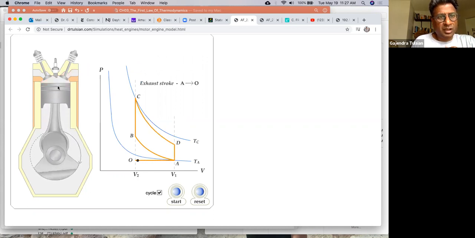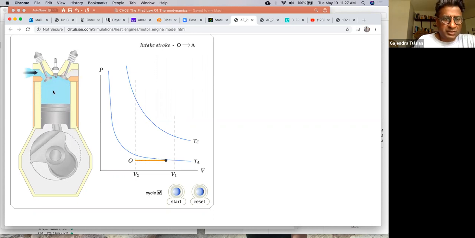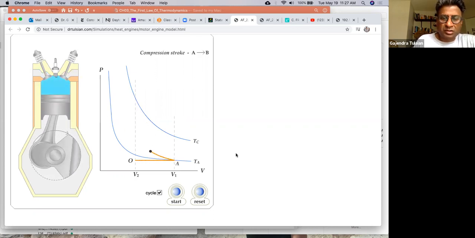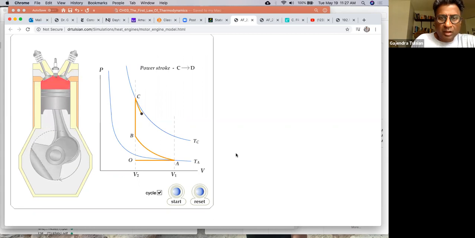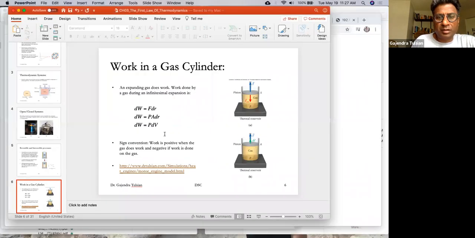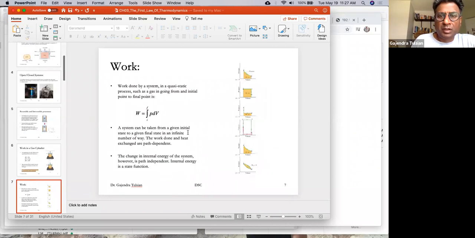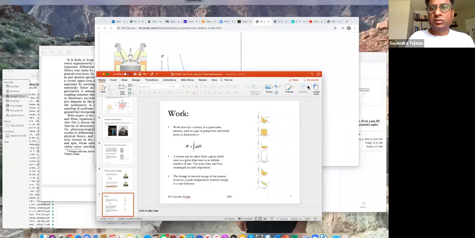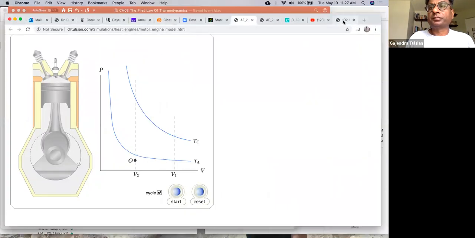Okay, so a lot of times your working substance is a gas, and that's why we're talking about work done by gases here. So the work done by gas is the pressure of the gas times the change in volume of the gas. Okay. So in general, okay.